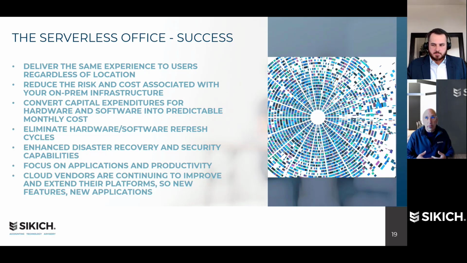And I think one of the things that we hear from clients as well is they enjoy being part of these platforms where the provider is continually enhancing the capabilities and features and even what applications are included. So Office 365 2 years ago compared to what Office 365 offers today, there's many new capabilities.